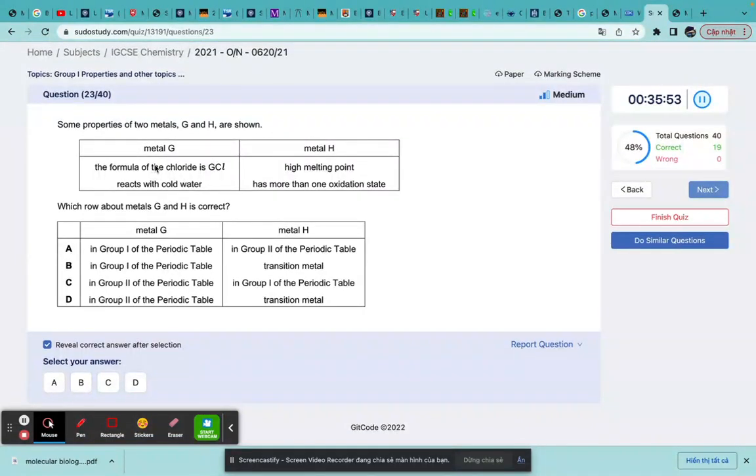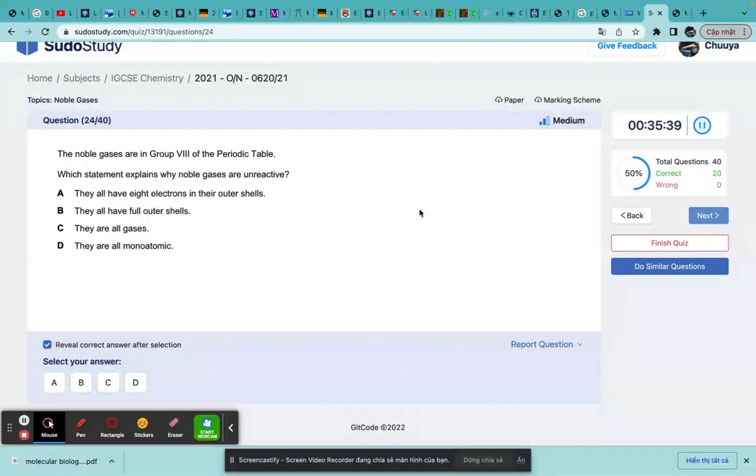The formula is XCl. It's in group 1, cold water. Yes. Transition metal. If it's formed a solid compound, it is transition metals. Why noble gas? They all have full outer shells.